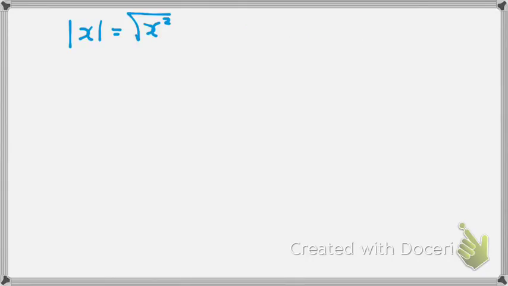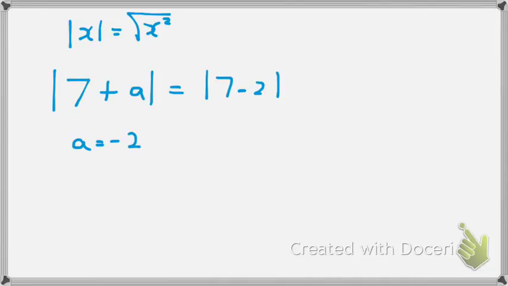So, some examples. If you've got the absolute value of 7 plus a, and you know that a is minus 2, this is the absolute value of 7 minus 2, so it's the absolute value of 5, and so it's 5.